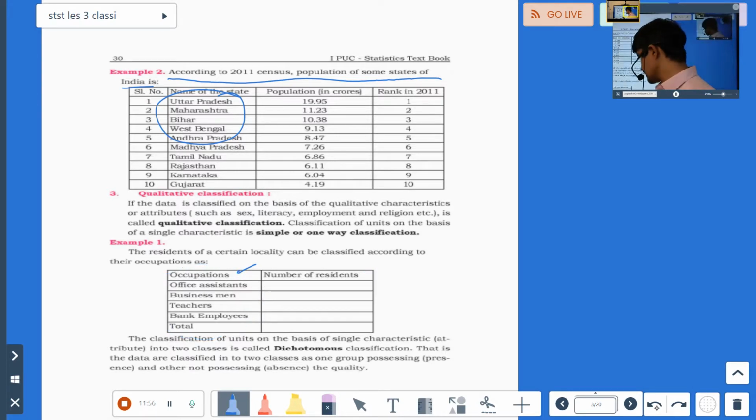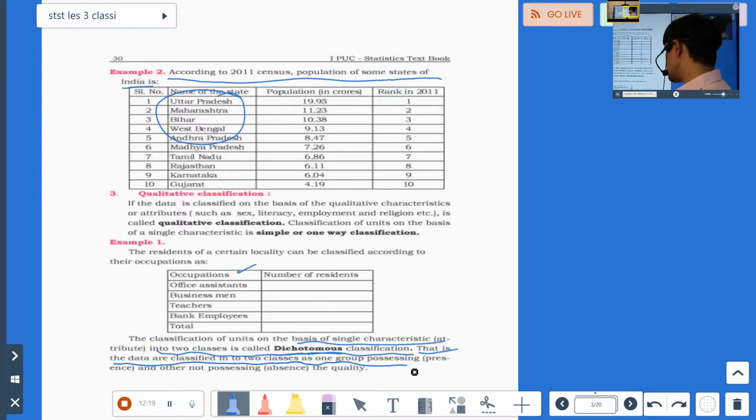And remember, there is one thing they ask here: dichotomous classification, however you pronounce it. The classification of units on the basis of a single characteristic or attribute into two classes is called dichotomous classification. That is, the data are classified into two classes, one group possessing and the other not possessing the quality.